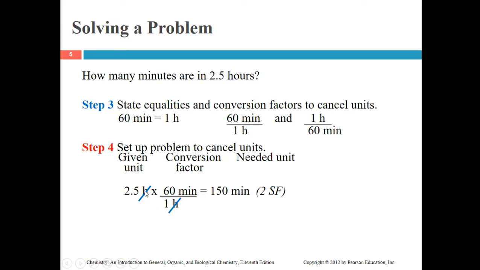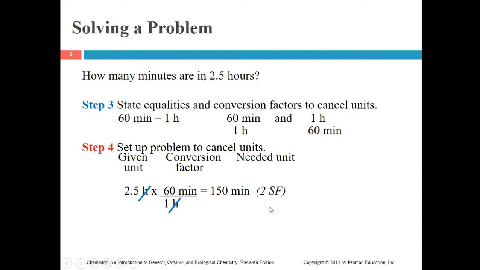So we need to set up and use the conversion 60 minutes is 1 hour so that the hours cancel out. Now that the hours cancel out, the only label we have left is minutes, so then all we do is go 2.5 times 60 and we get 150 minutes.